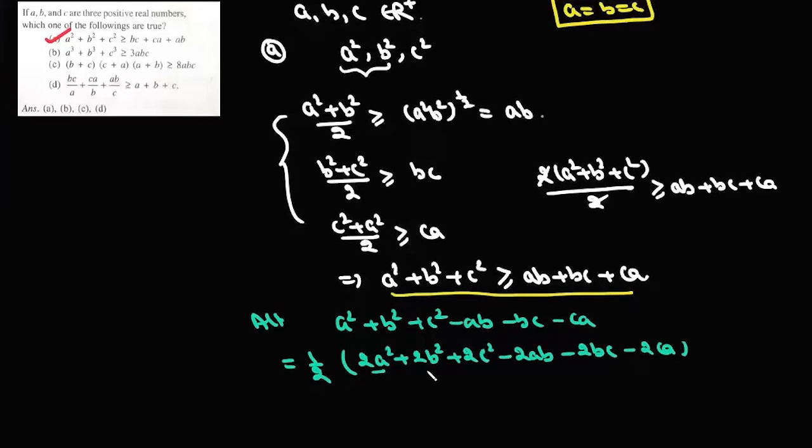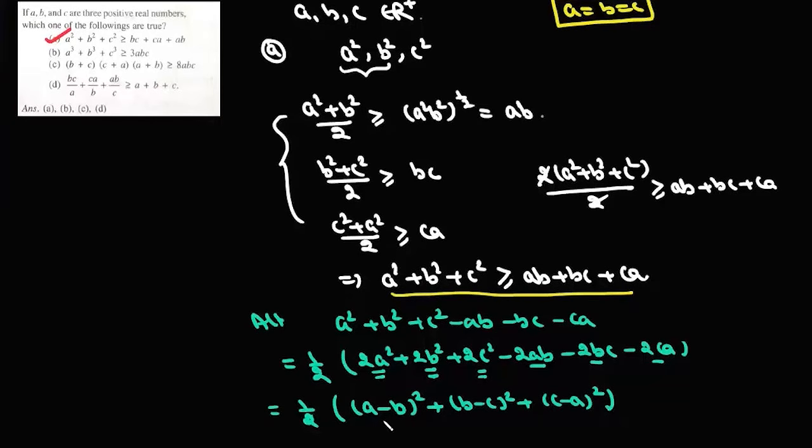Now we'll take a square plus b square minus 2ab, then b square plus c square minus 2bc, and then a square plus c square minus 2ca. So we can write this as 1 by 2 times (a minus b) whole square plus (b minus c) whole square plus (c minus a) whole square.